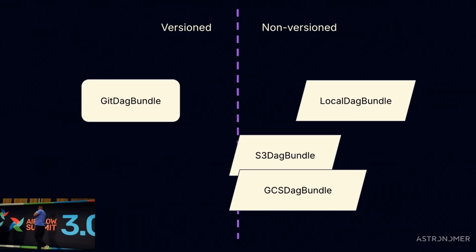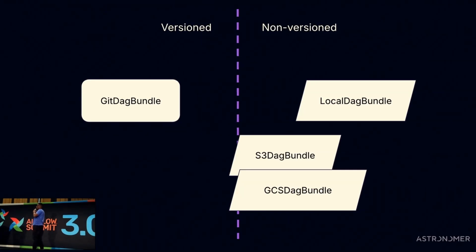Then we have the local Dag bundle. The local Dag bundle is non-versioned. It's most like Airflow 2's Dags folder. So you just give Airflow the path to where you have the Dags, and Airflow will just get it for you. And it's not versioned.